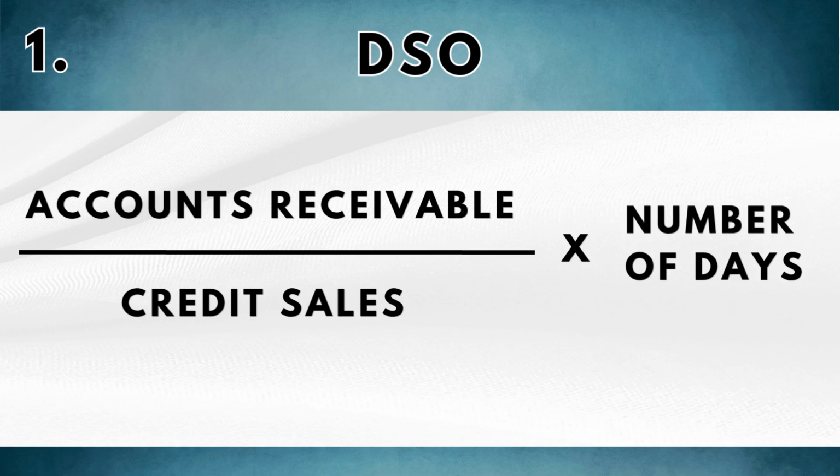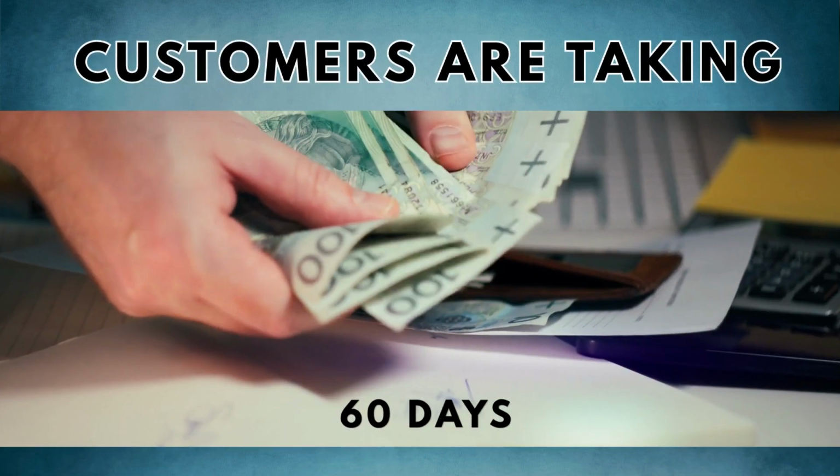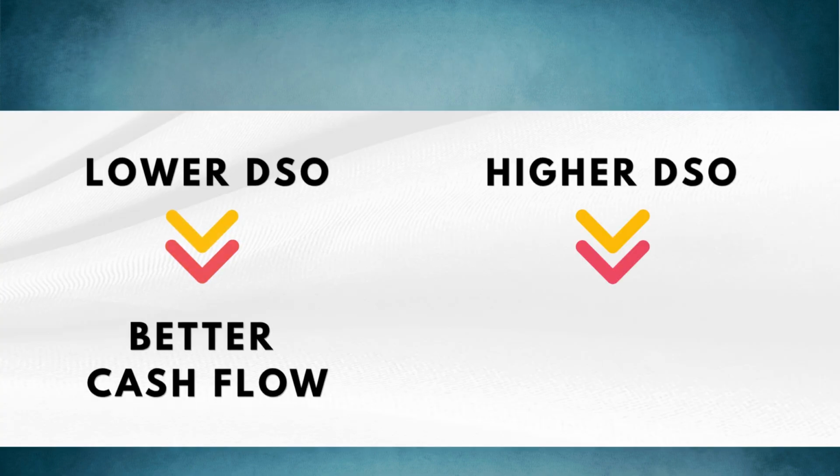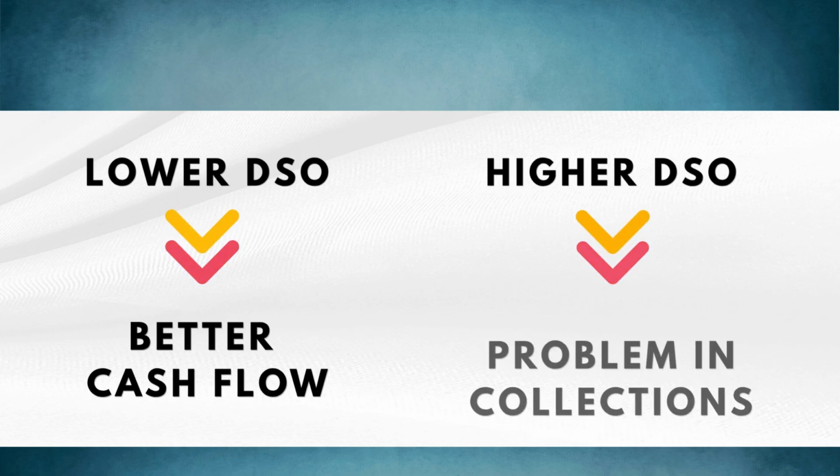For example, if your DSO is 60 days, it means customers are taking 60 days to pay. Lower DSO means better cash flow, and higher DSO means there is a problem in collections.